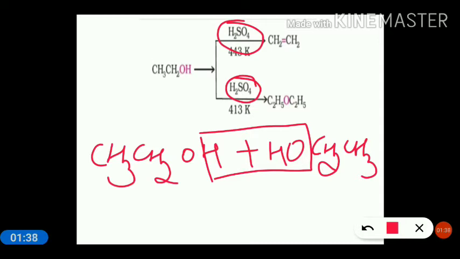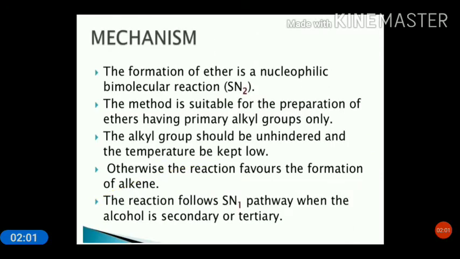In the first one, dehydration takes place in one molecule itself, meaning H2O is removed from the same molecule. That is beta elimination. Here, water is removed from two molecules and there is a formation of ethers. Let's see the mechanism.